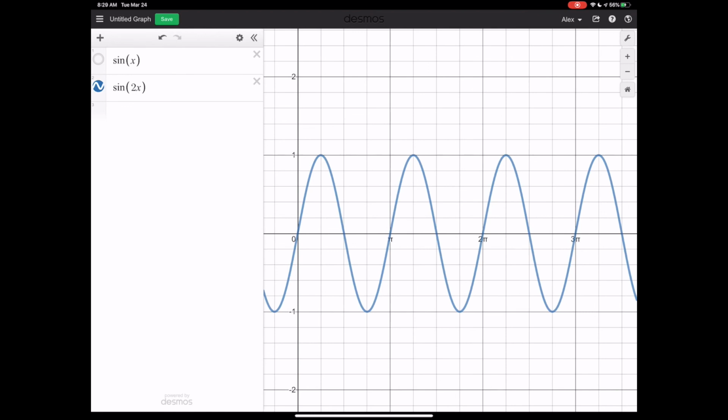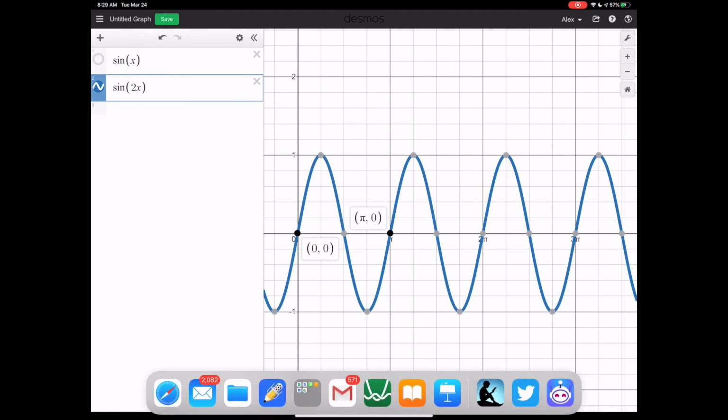First off, what is the period, the length on the x-axis that it takes to complete one cycle for 2x? If I start at 0, my starting point, this graph goes up, down, and back to 0, completing the wave by pi. So pi represents my period.